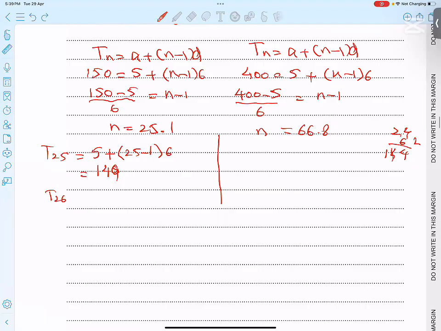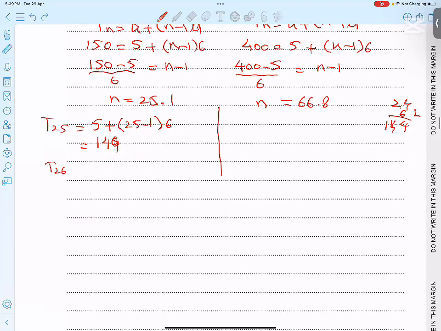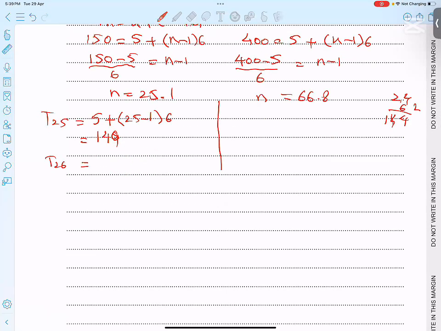So if I check with 26, so 5 plus 26 minus 1 into 6, I got 149, and if I add 6, 155. So this is required. So it means the 25th term is not acceptable, so I got from here 26.